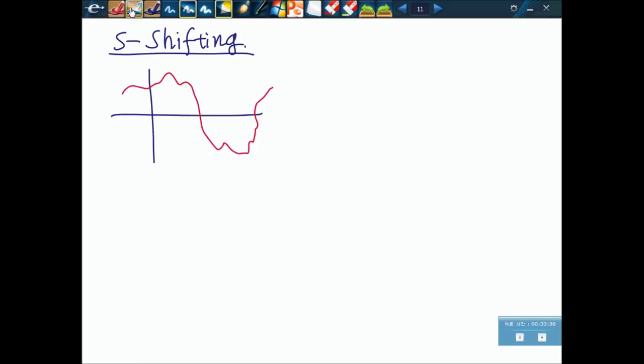And after you shift, it becomes that. So you're moving the entire function or curve in a time dependent way. So it's like T minus A, right?